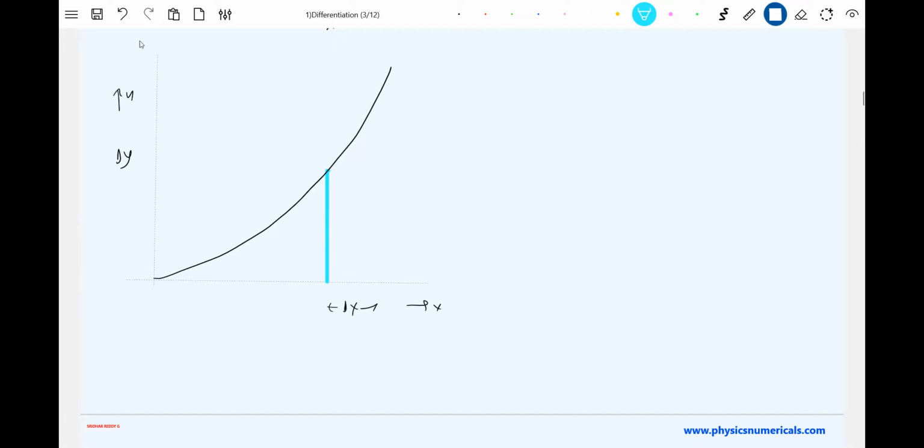Similarly, on the y-axis also the same thing. This is delta y. I'll make the change so small that delta y tends to 0, it will become dy. Now the ratio of this dy by dx in fact will become the slope.